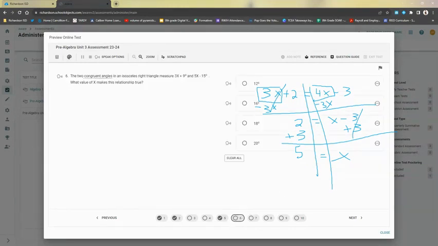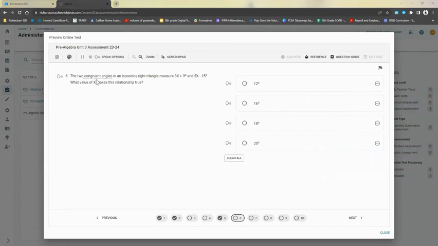6. So 2 congruent angles of an isosceles triangle measure here. What makes x true? So congruent means equal. So there are 2 congruent angles. So it's going to be 3x plus 9 equals 5x minus 15. So I'm going to box my variables.